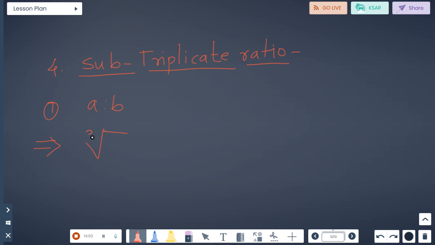That means cube root of A is to cube root of B. That is the sub triplicate ratio of that given ratio.